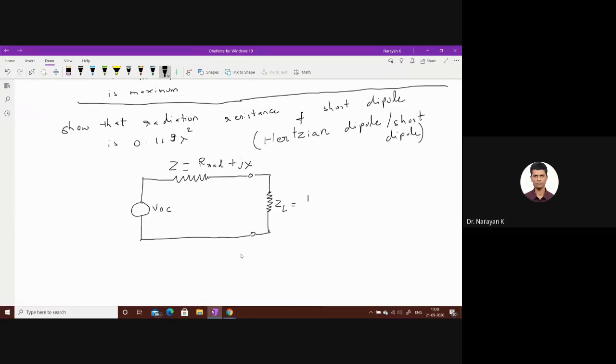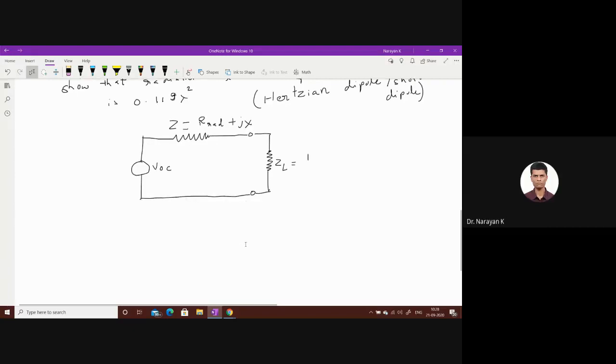Now, does anyone remember the maximum power transfer theorem? Saurabh, do you remember? Not exactly, sir. What do you mean not exactly? Beena, do you remember what is maximum power transfer theorem?